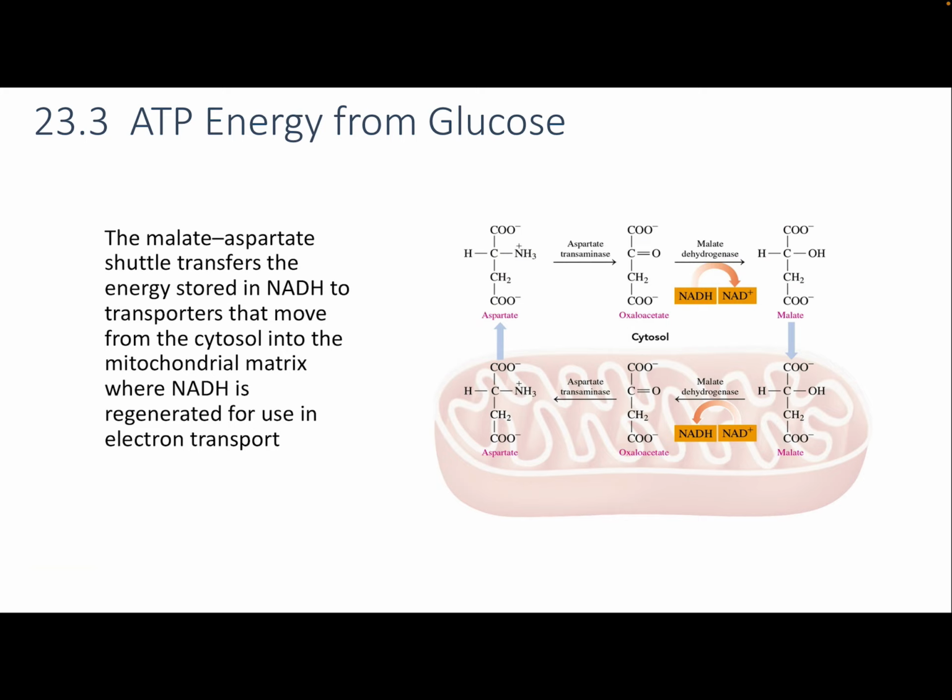So any NADHs that have been made in the cytosol, where glycolysis was, have to actually get transported into the mitochondria where the site of electron transport is. There's a little trick that has to happen called the malate aspartate shuttle, but we'll get to it in a second.